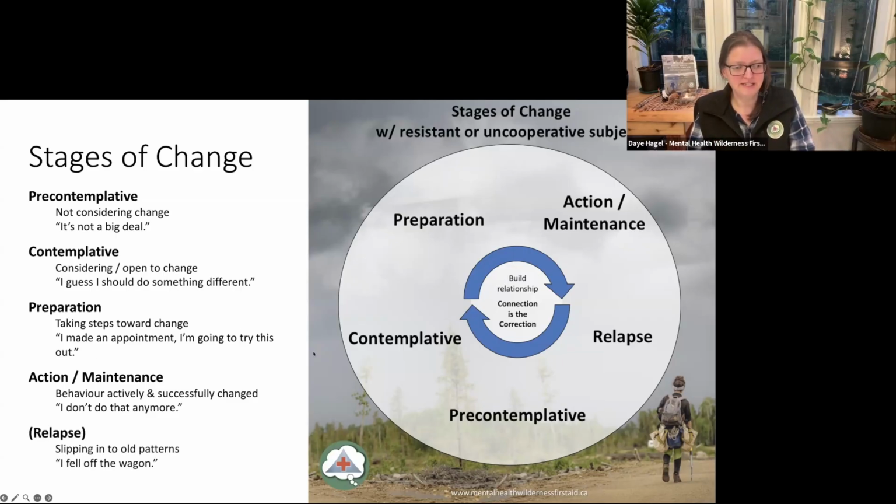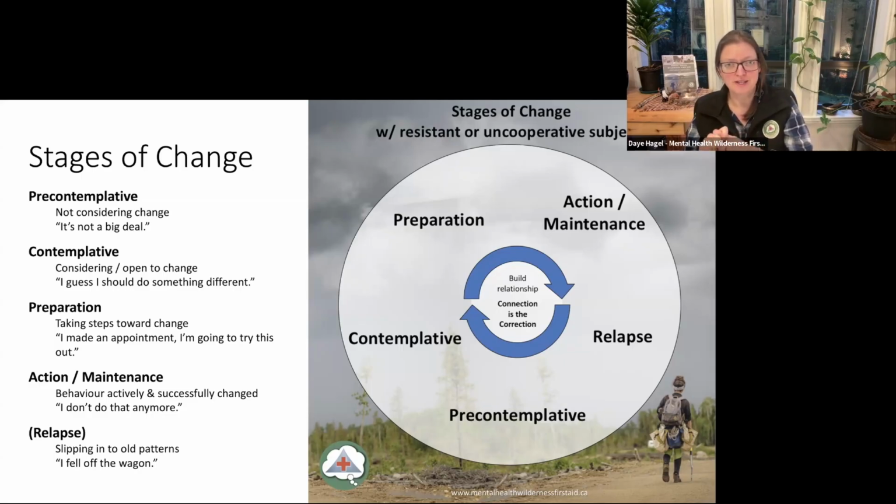And then last but not least, depending on what model you look at, people treat relapses differently, but it's often seen as part of the overall stages, right? It's an expected part of the model that there will be lapses or relapses, and that's where somebody has maintained a change for a certain period of time and now they've slipped into an old pattern of behavior, right? I fell off the wagon, or there's some replication of past behavior.